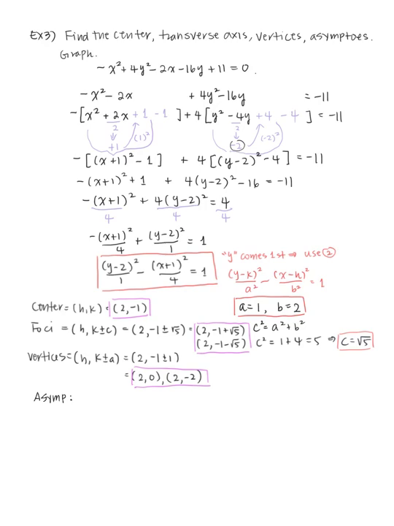The formula is y minus k equals plus or minus a over b, times x minus h. So that will give us y plus 1 equals plus or minus 1/2 times x minus 2, since a is 1, b was 2, and h was 2. All right, so I'm going to box this for the asymptotes.